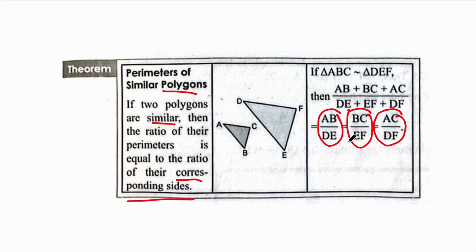So that is the thing that we have to remember for this particular theorem. Okay, so I believe we are done in example number 2. We now proceed to the third example.